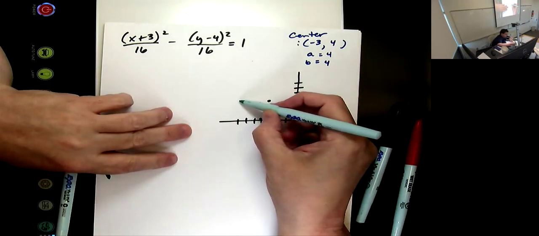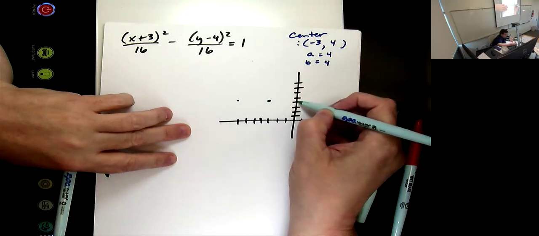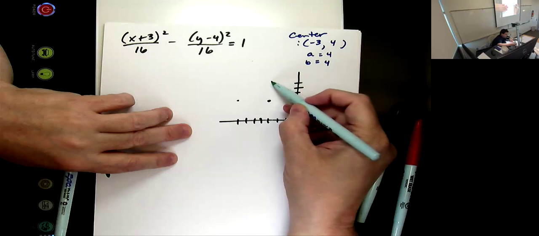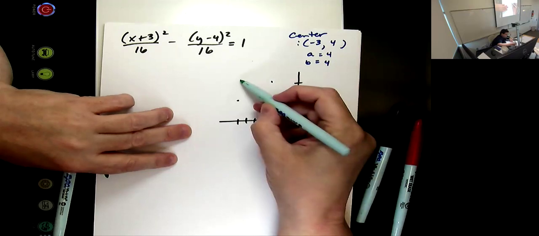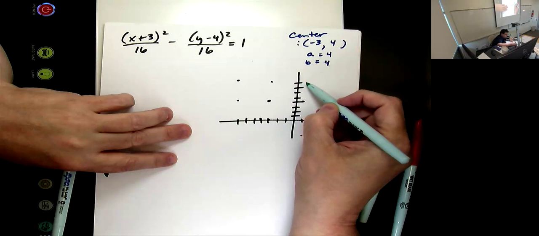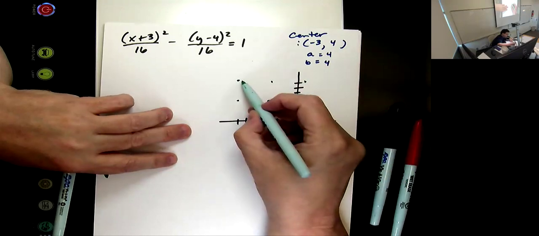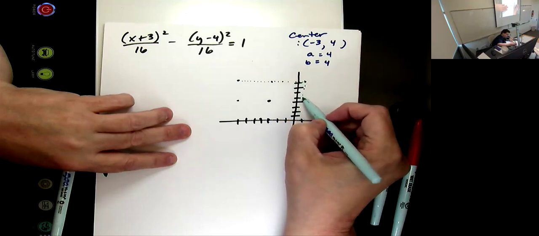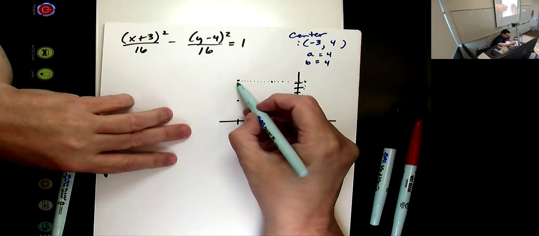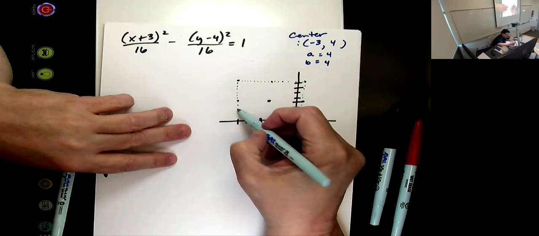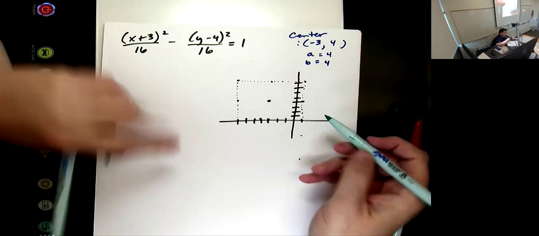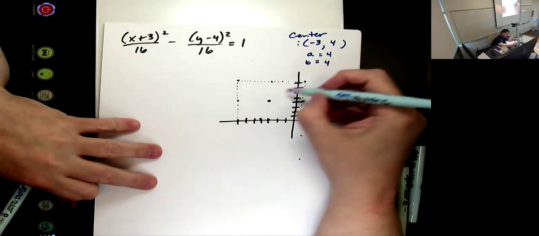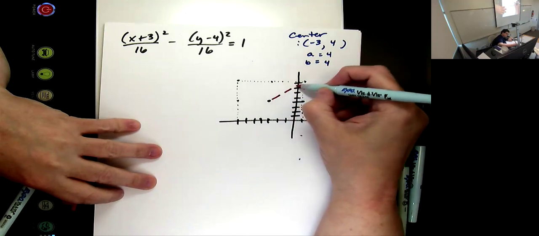I go left 4 and right 4, up 4 and down 4. Trying to make my box fairly faint. We only really put it in as a graphing tool. My asymptotes go along the diagonals.